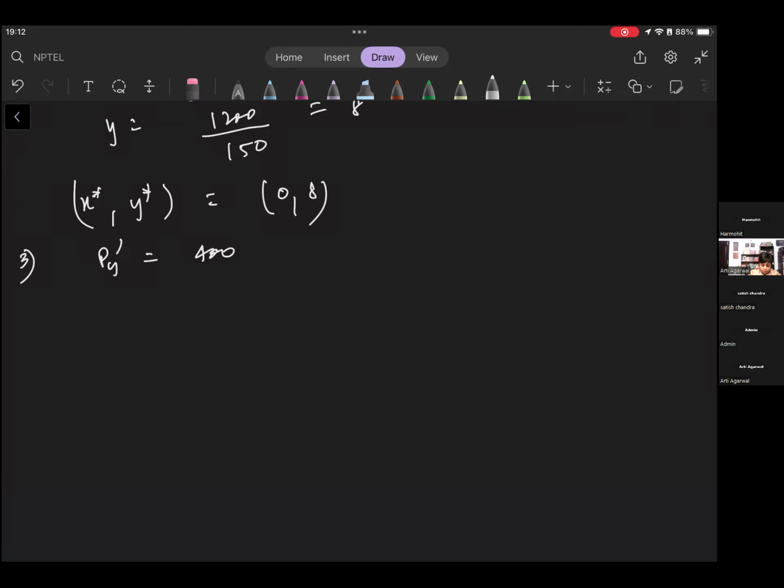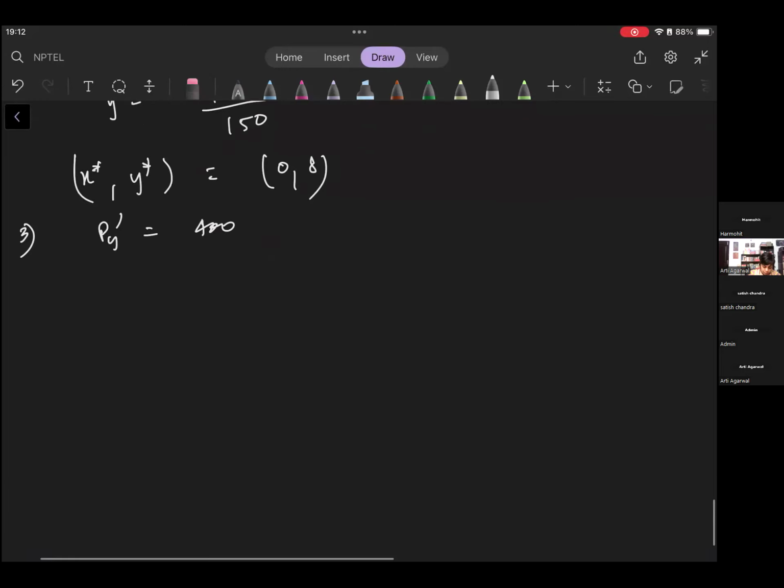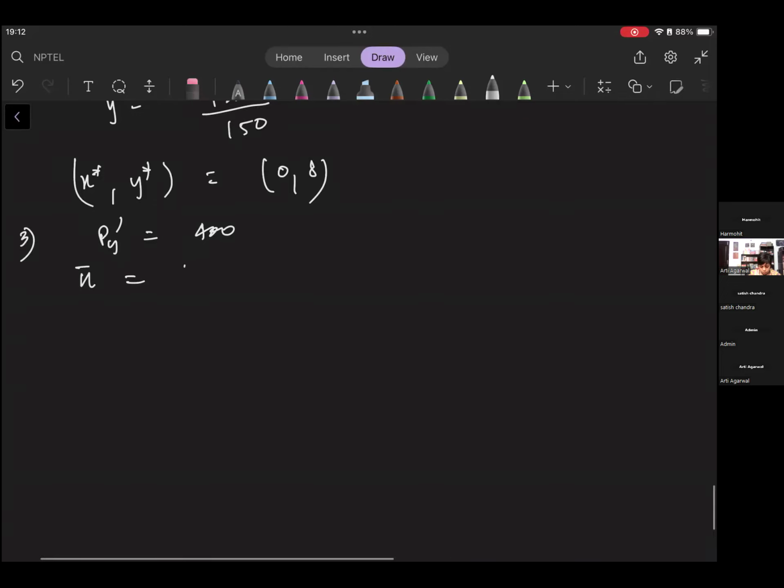Okay, now one thing we will calculate before we move on to other calculations. Let's first calculate the initial level of utility. So U bar is equal to (2x plus y) whole square, where x was 0, so 8 square is equal to 64. This was the initial level of utility.